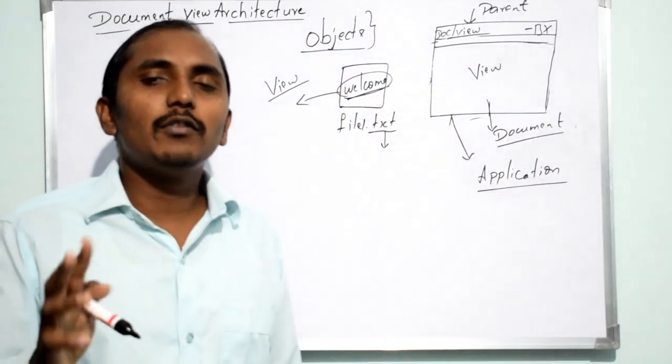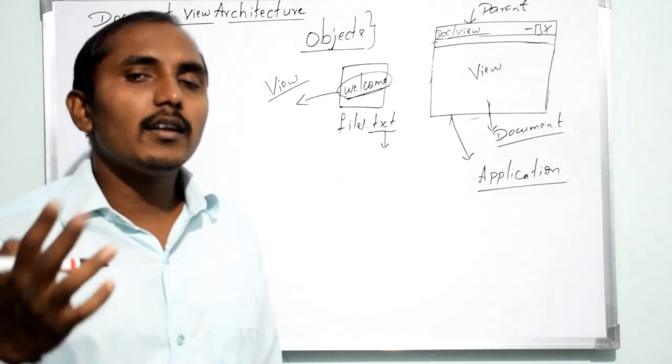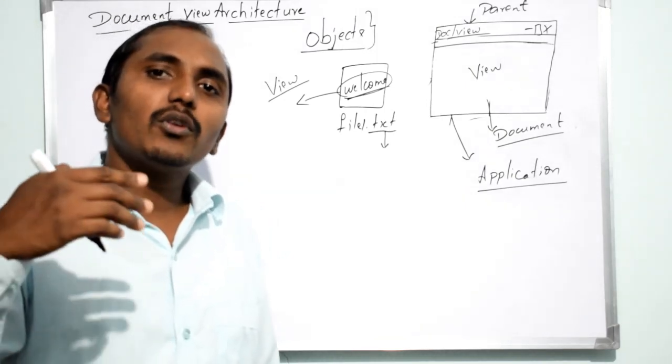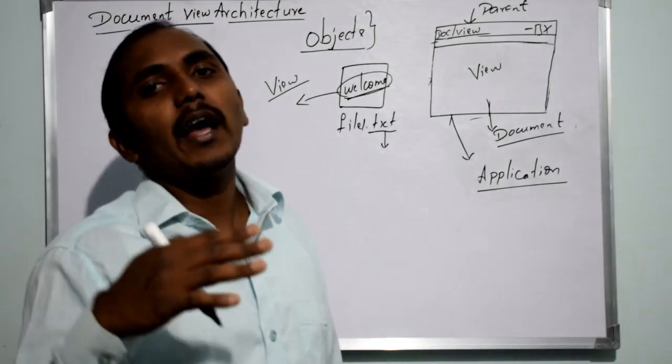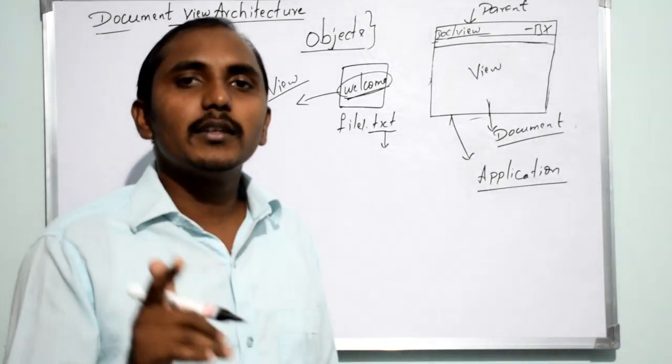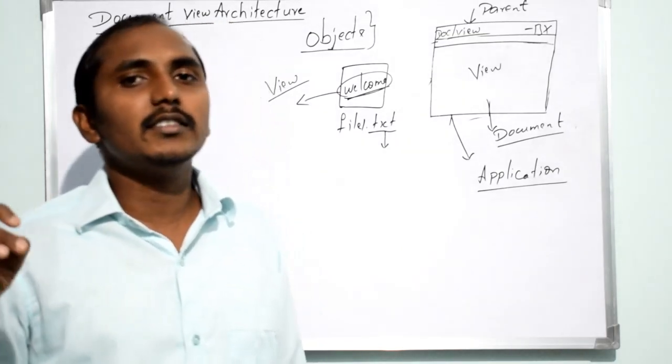So suppose you have two classes, class A and class B. If you create an object of class A, that will be a different object, and if you create an object of class B, that will be a different object accessing that particular class's details.